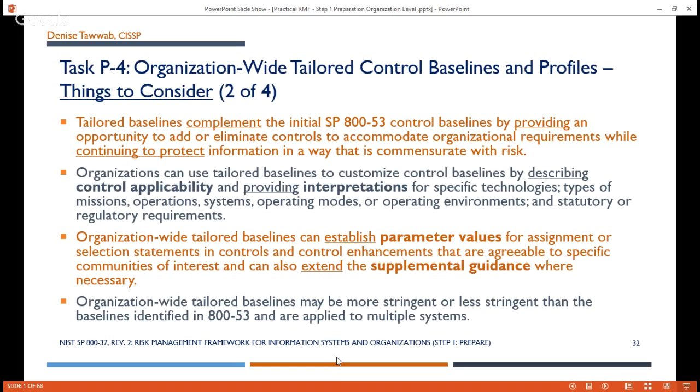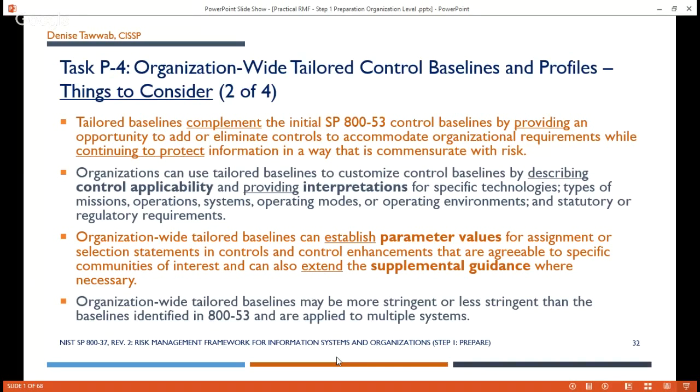Your organization can use the tailored baselines to customize control baselines by describing the control applicability and providing interpretations for specific technologies, different types of missions, operation systems, operating modes, or operating environments, and any regulatory or statutory requirements that your organization is going to face.